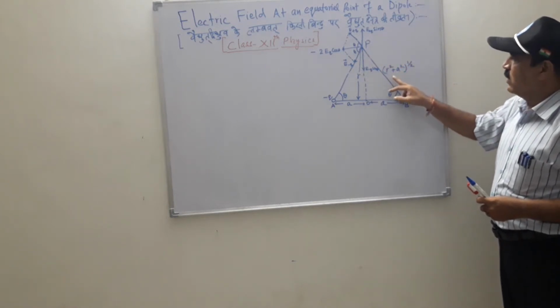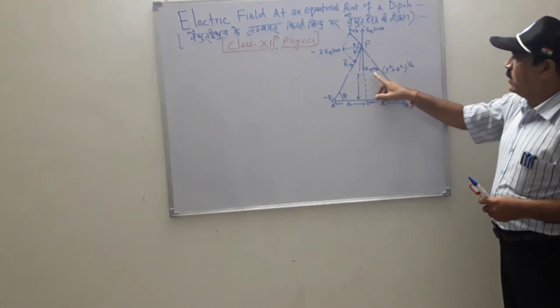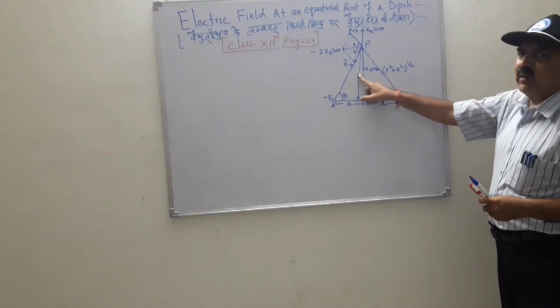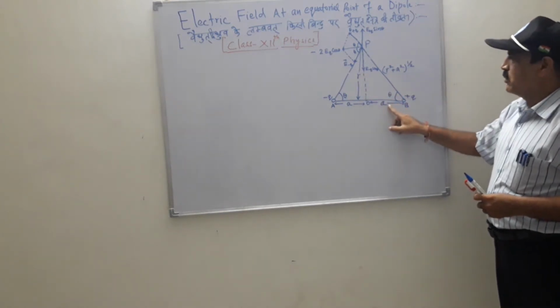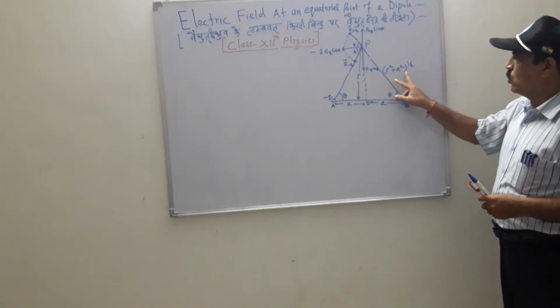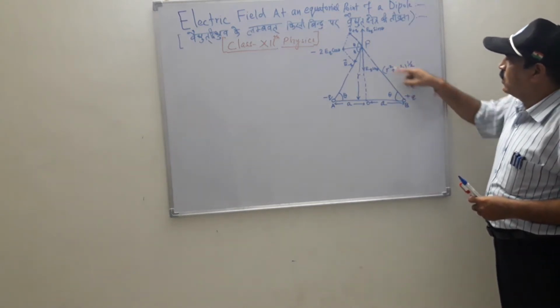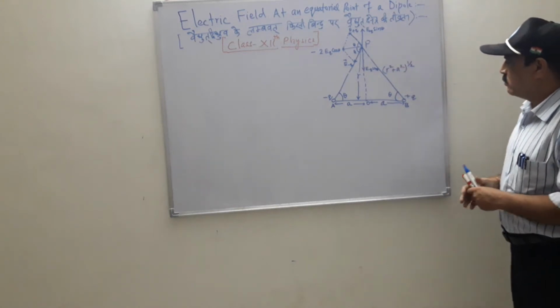It is calculated as the square root of r square plus a square, perpendicular square plus base square, which gives the distance PB or BP.